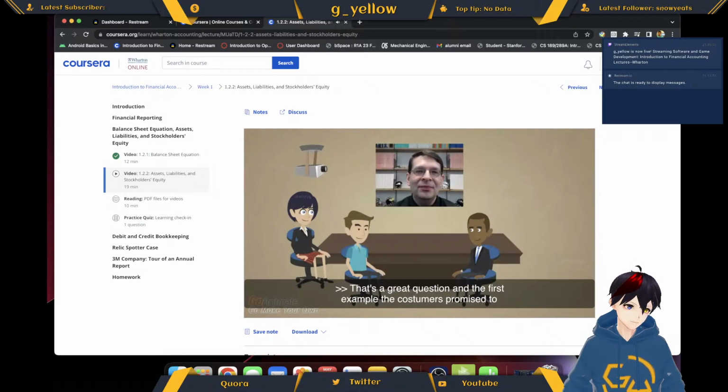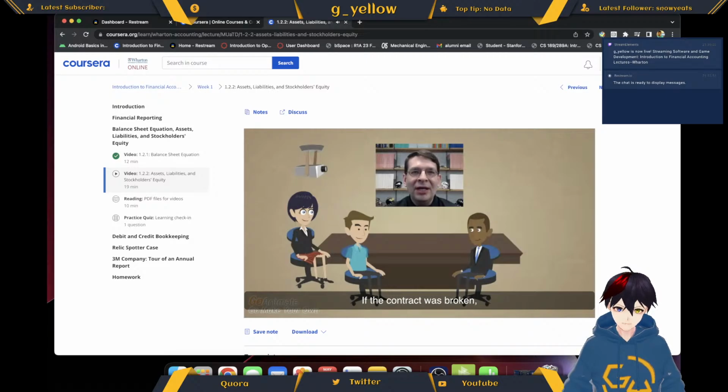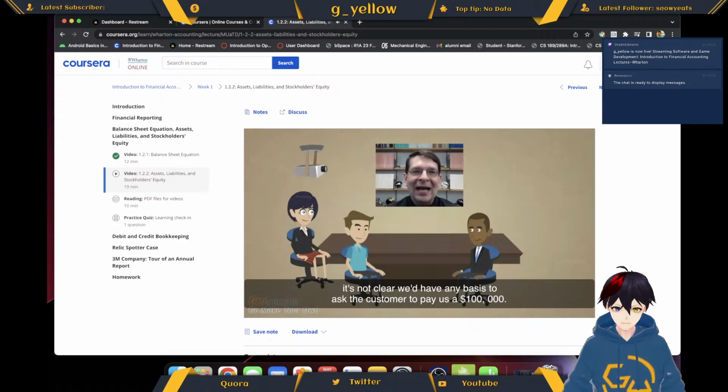That's a great question. In the first example, the customer has promised to pay us cash, but we've acquired that promise through delivering them goods. In other words, there's been a past transaction or exchange, which is that first criteria for recognizing an asset. In the second case, all we've done is sign a contract. If the contract was broken, it's not clear we'd have any basis to ask the customer to pay us $100,000.